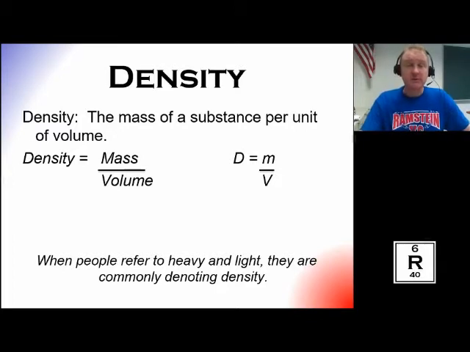People often don't use the word density, and they often consider things to be light or heavy when they really mean dense or not as dense. For instance, you could have the same volume of something, two cubes, and if one of them was gold and the other one was aluminum, the gold one would be much heavier for the same volume. It's denser.